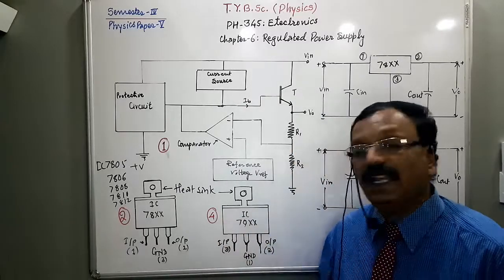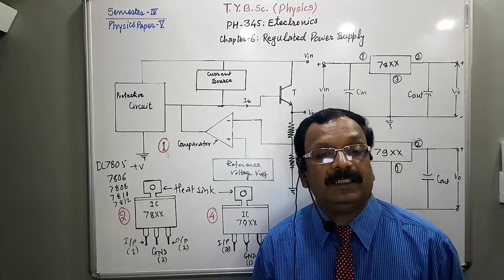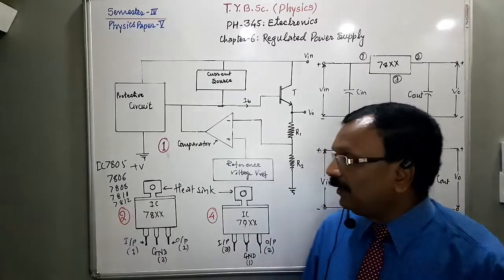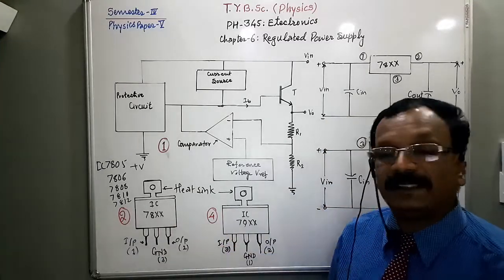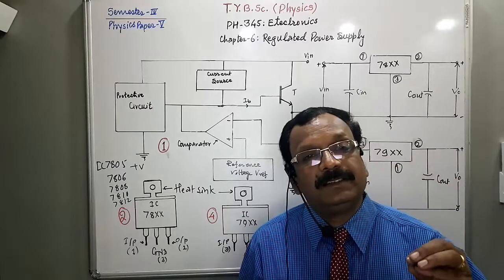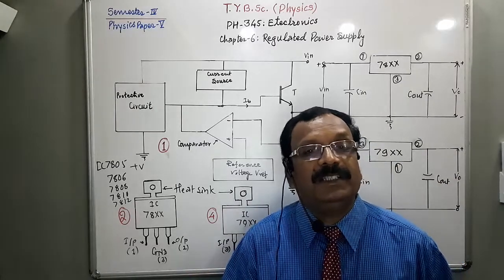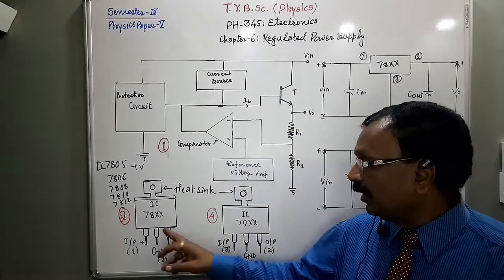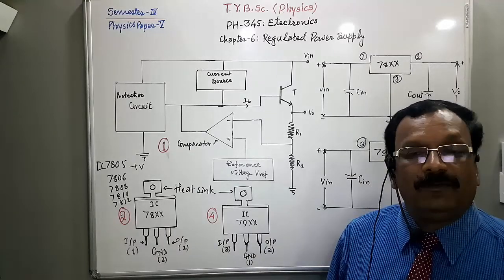And the last feature of this IC is that it also has output transistor safe area protection. Okay. When we studied the special features of the 78 series and 79 series, both positive and negative series ICs have relatively the same features.